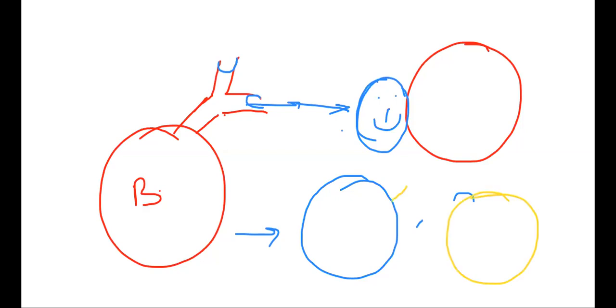So what is the difference here? Plasma cells start the preparation of the keys. Memory cells will remember that particular kind of lock.